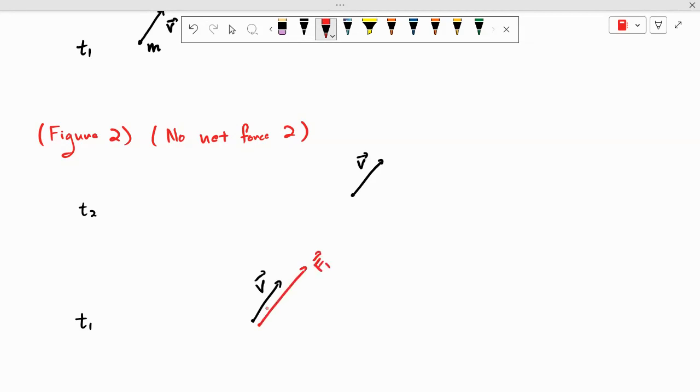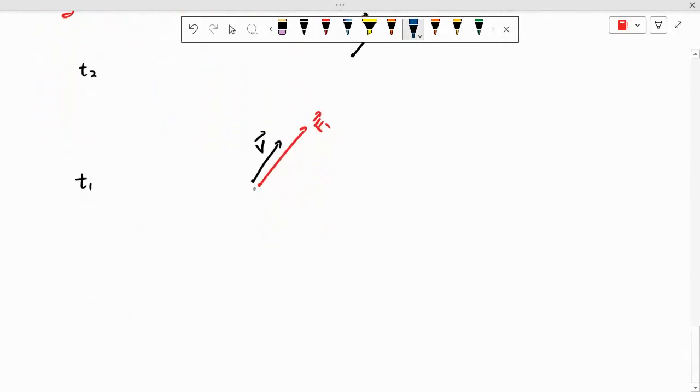Say F1 in this direction and F2 in this direction, then the sum of these forces is still zero, because hopefully I've drawn it correctly. F2 is supposed to be the same length as F1. So its velocity is still the same, even though it had forces acting on it. It's just that the forces canceled out.